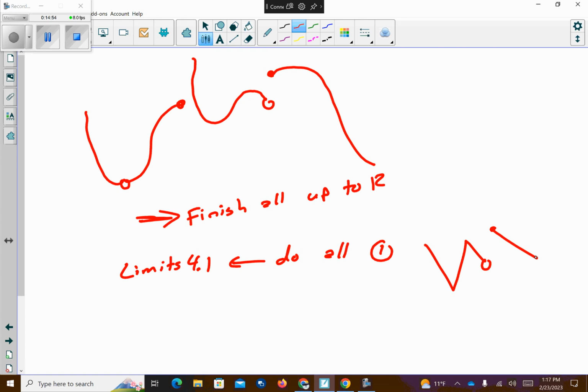On the 4.1, if there's not an empty circle, should we assume that there's no hole there? Where are you looking? For number one, with zero. When x is zero, being that they both converge to the same point, that limit does exist. They're both getting up there. So there's not a hole, but there's a limit. Yeah, and I'd say so.